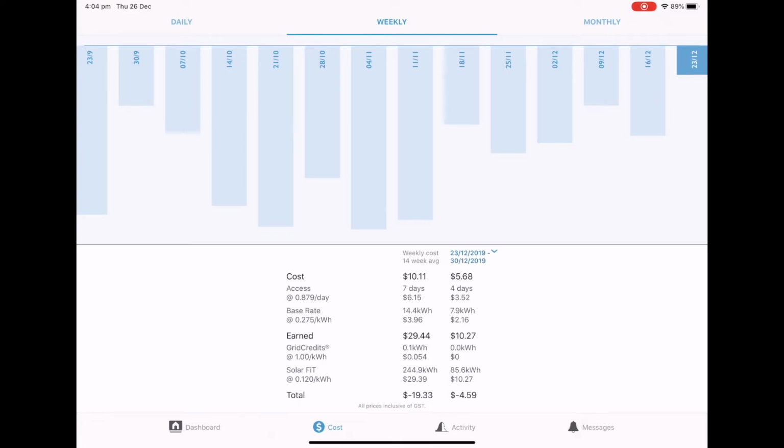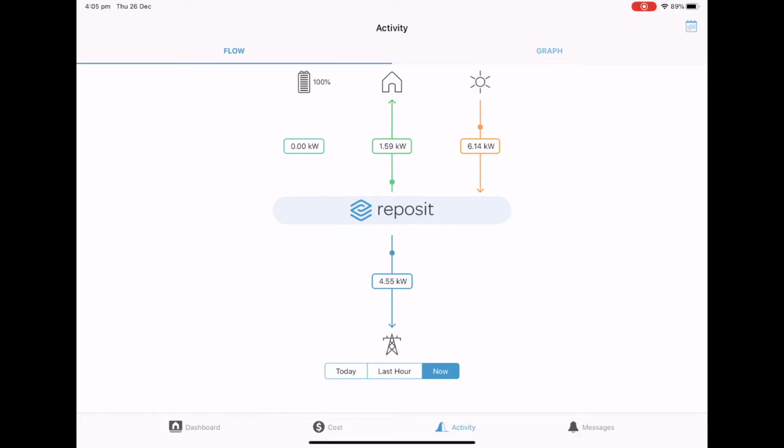Now if we can go over to activity, basically this is what's happening right now. So it gives you a bit of a graph. So 6 kilowatts coming from solar, the house is using 1.4, and the rest has been exported to the grid because the battery's full.